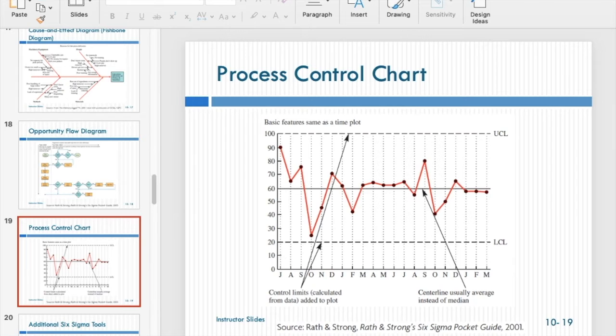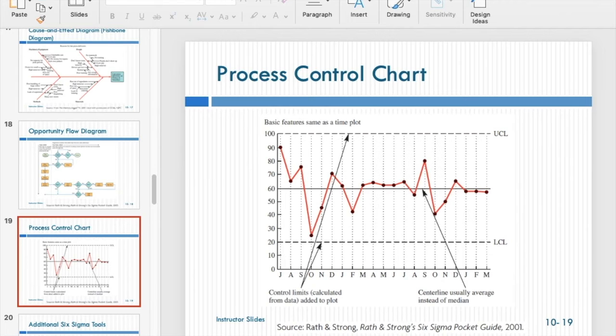All the different dots within this chart are within the upper control limit and lower control limit. Do you think that's a good thing or bad thing? Of course, it's a good thing.